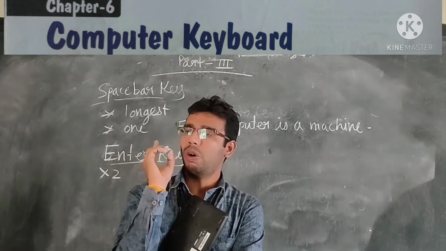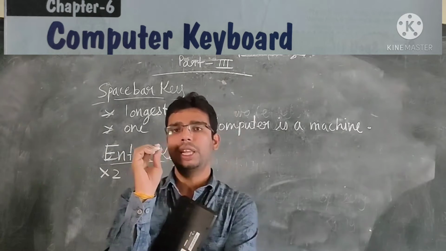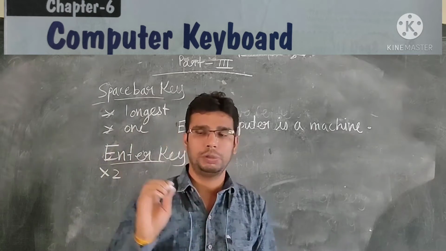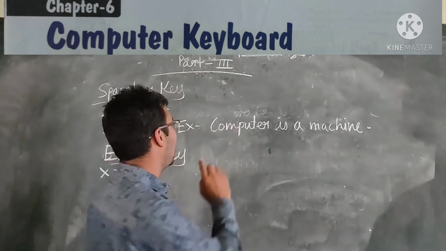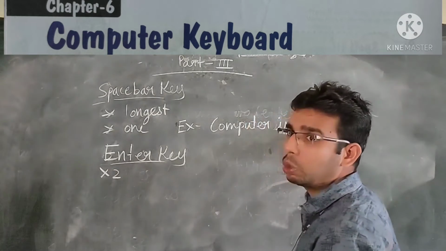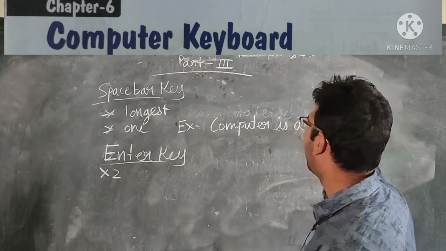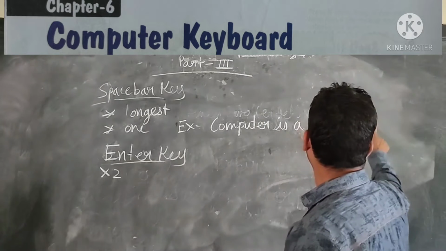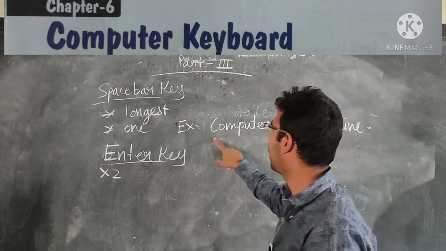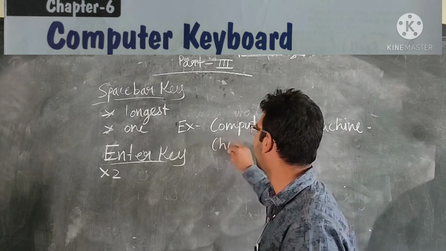Once again, what is the use of enter key? Enter key is used to move to the next line. Let me show you the example. Like computer is a machine. After that, if you want to come to the next line, what will you tap? Enter. When you press enter, you will come to the next line and you can type here.